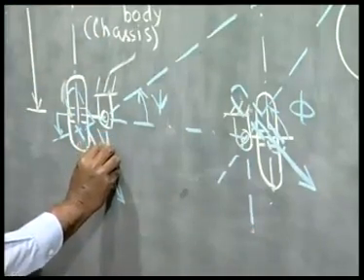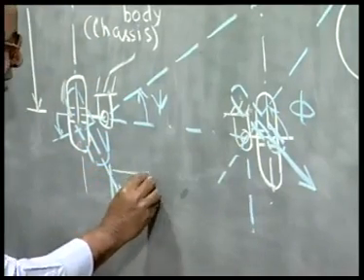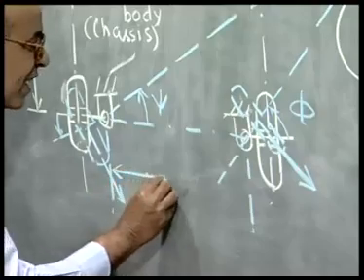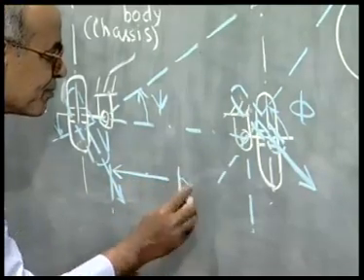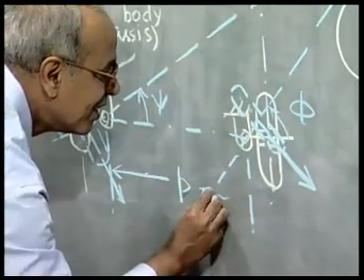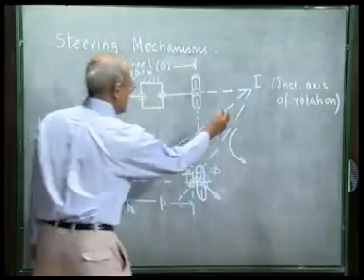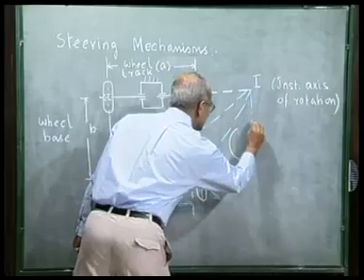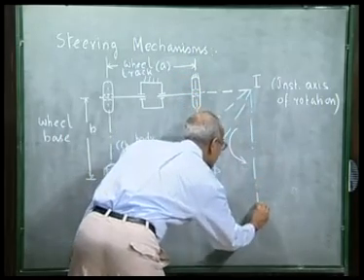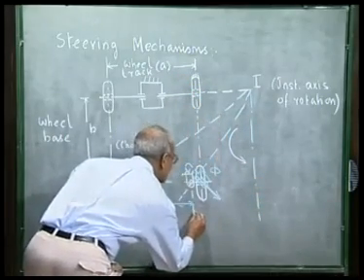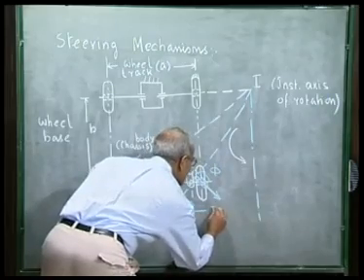If we say that the distance between these two pivots in this direction is P, and if I say the distance of this instantaneous axis of rotation from this pivot is say x.